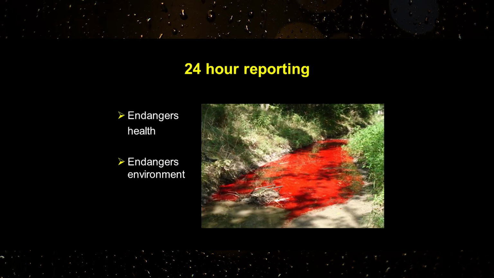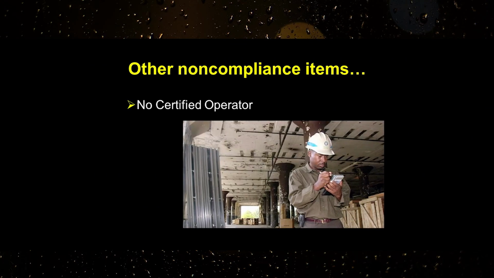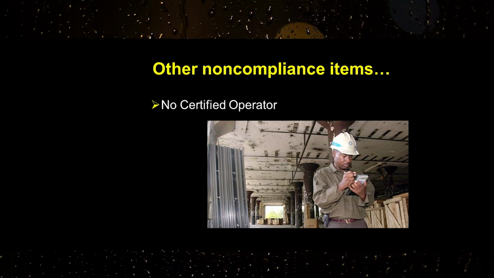Any noncompliance which may endanger health or the environment shall be reported verbally within 24 hours from the time the permittee becomes aware of the circumstances. In addition, a written submission shall also be provided within 5 days. All other instances of noncompliance, such as not having a certified operator, shall be reported within 5 days from the time the permittee becomes aware of the noncompliance.